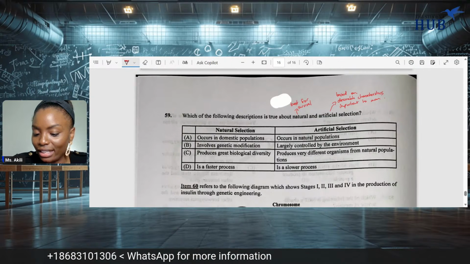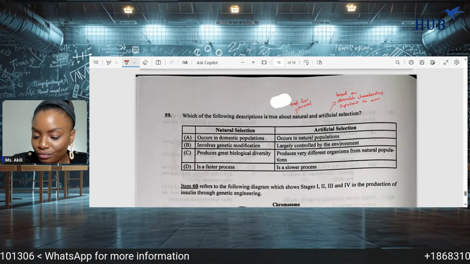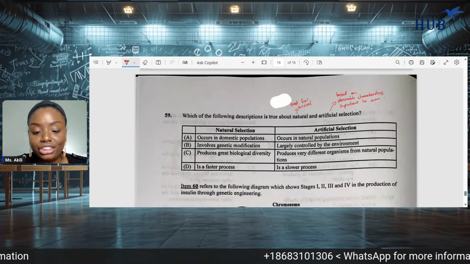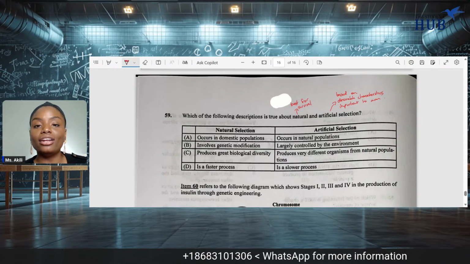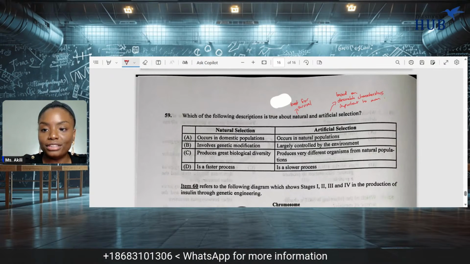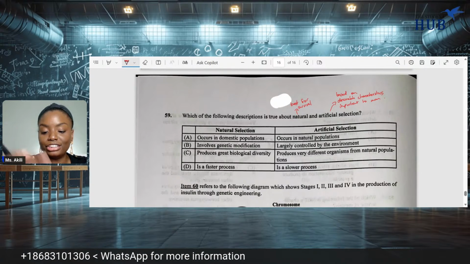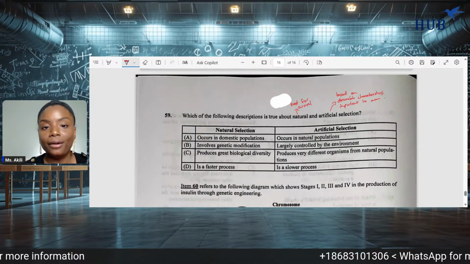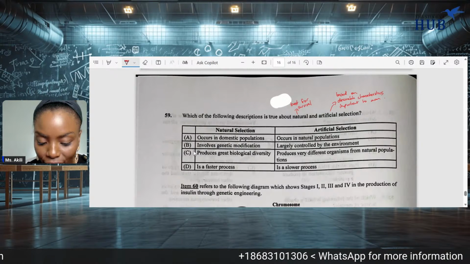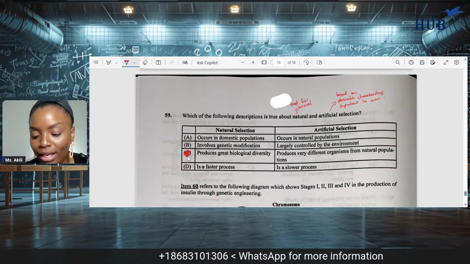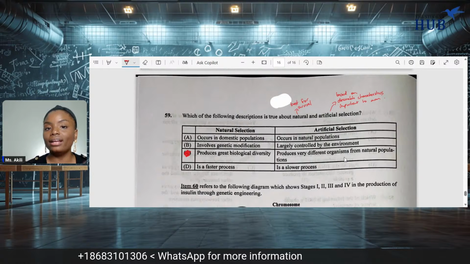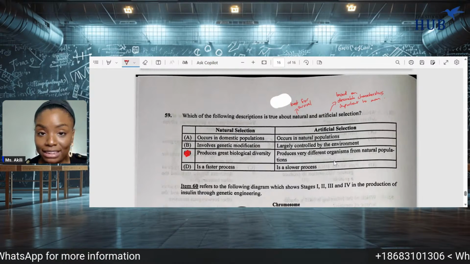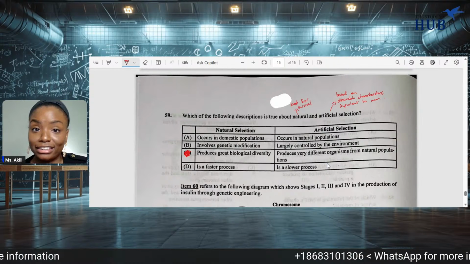That's artificial selection. So it means that natural selection produces great biological diversity because it's always going to allow for variation, and variation is the playground for natural selection, right? And artificial selection, where individuals are crossed for their specific desirable characteristics to man, not necessarily for survival.